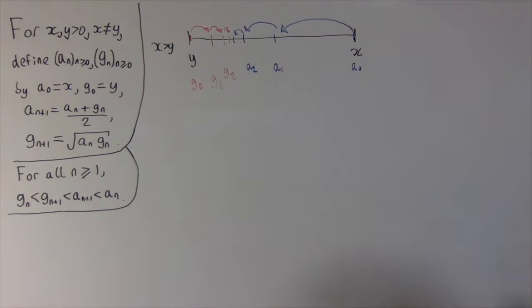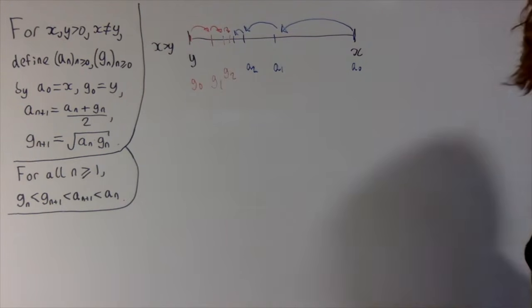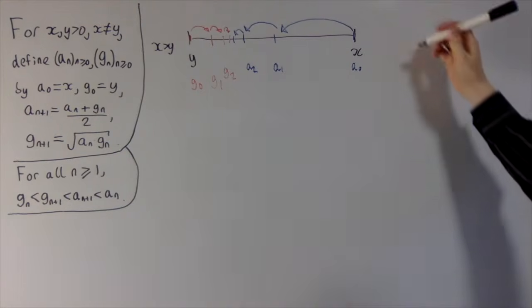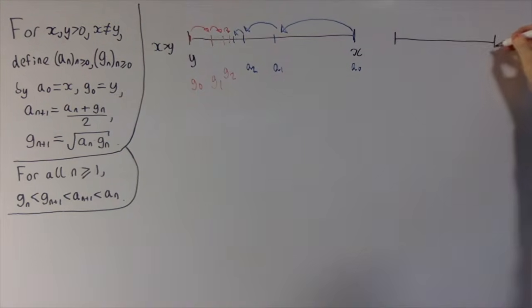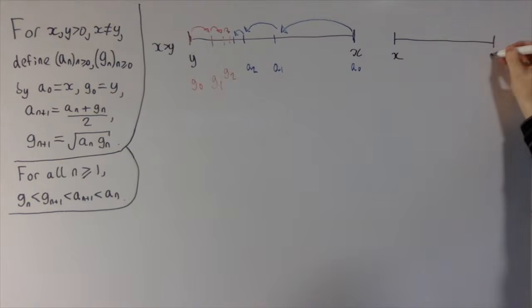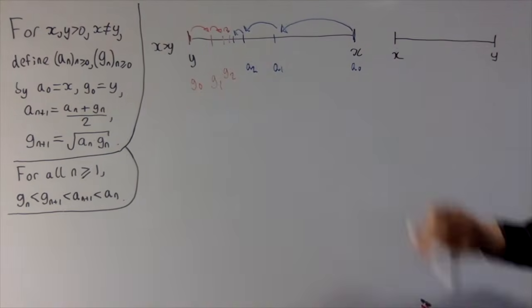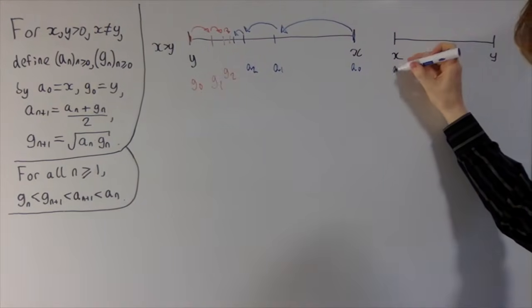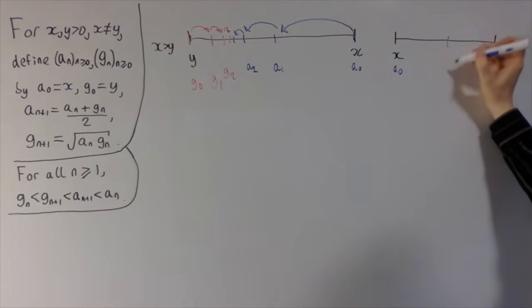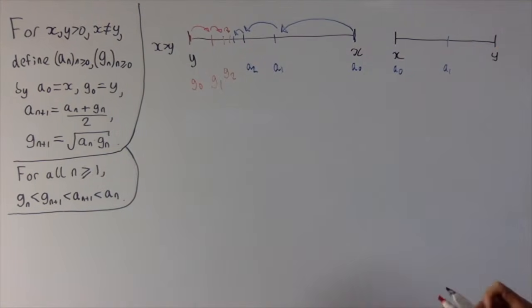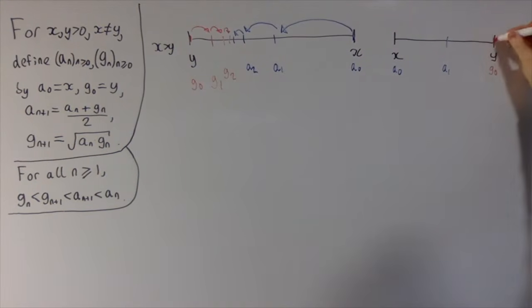Okay, so I've assumed here that x is greater than y, so let's just have a quick look at what would happen if x was less than y. Then your A0 will be all the way over here on the left. Your A1 would still be the number in the middle between these two. Your G0 will be over here on the right.